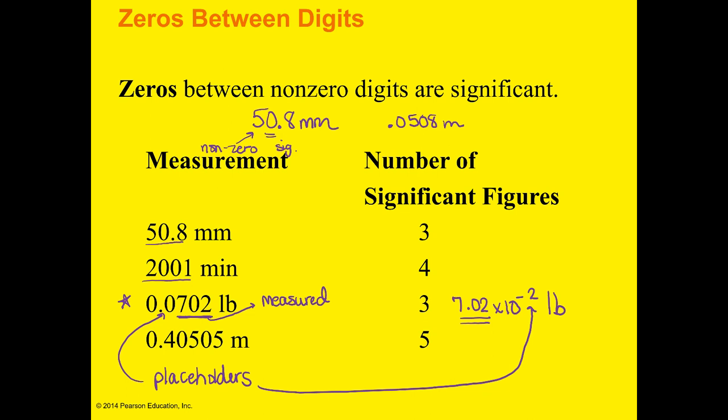We're going to look at how we can easily do that next class, how we flip back and forth. But for now, if I record 50.8 using a ruler and somebody says, oh, I need that in meters, I would divide by 1,000. Now notice the zero came up. That's because it is smaller. That is not part of the measurement.